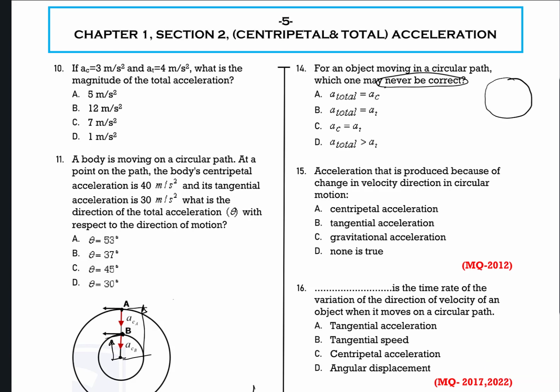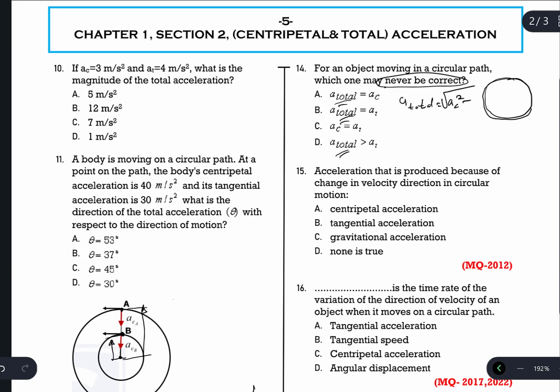Part A. The question is about the total acceleration's magnitude. In circular motion, maybe you remember, we can calculate the total acceleration by the square root of AC squared plus AT squared. So AT and AC determine the total acceleration. If an object is in a circular path, AC absolutely exists because the object is continuously changing direction.